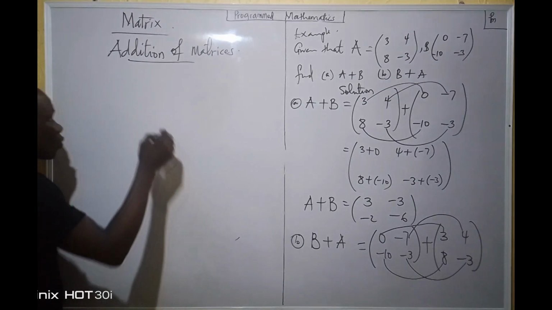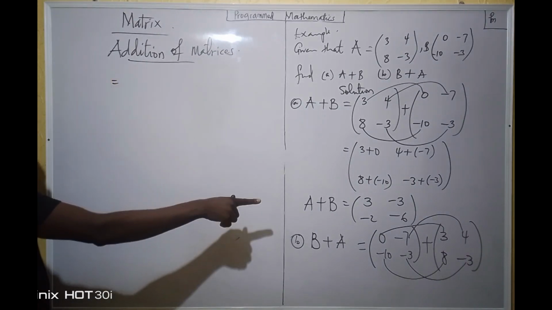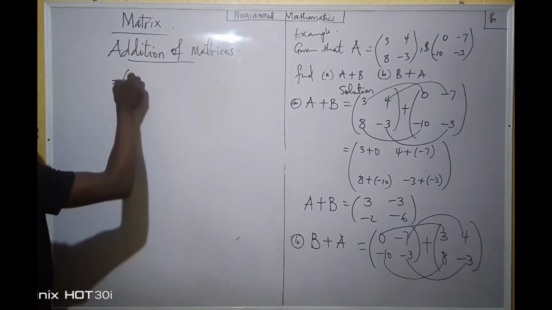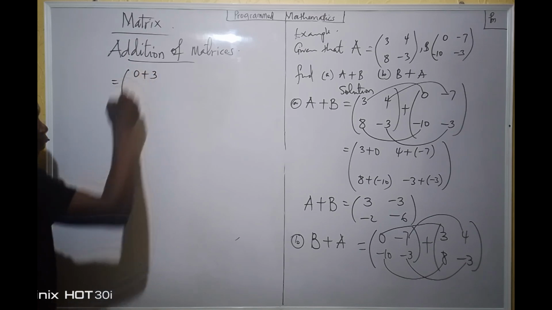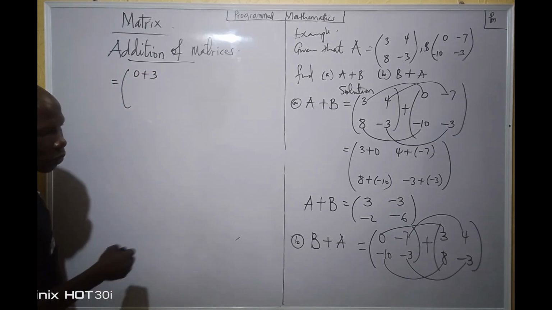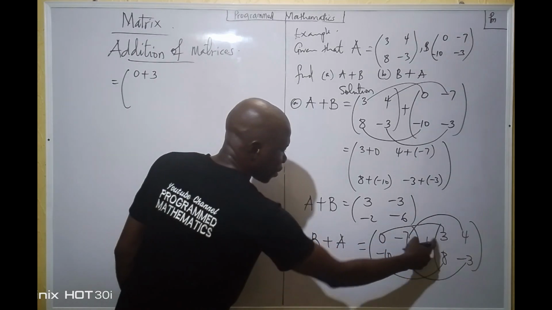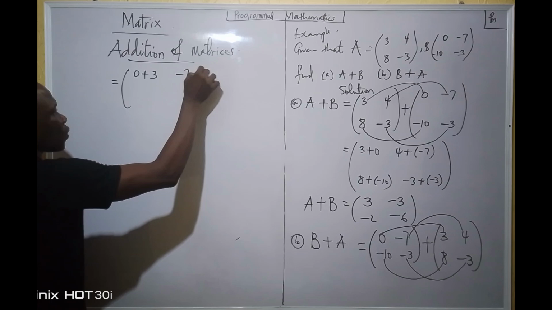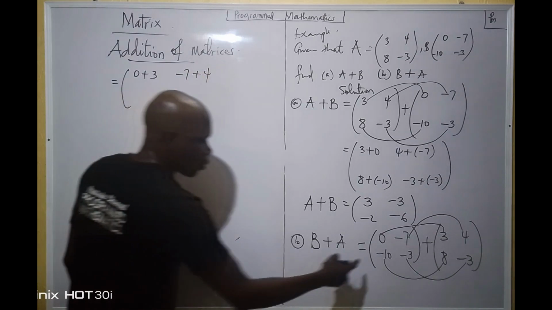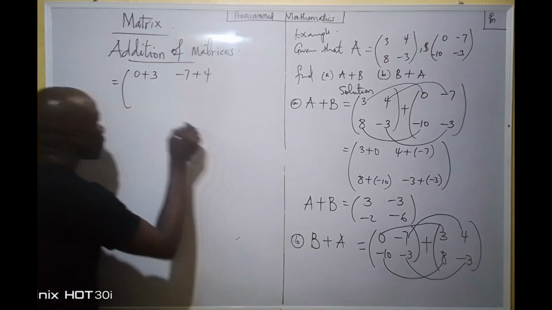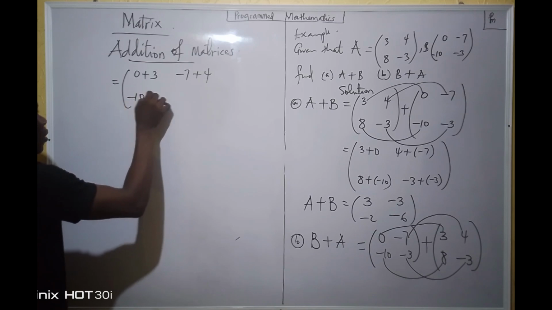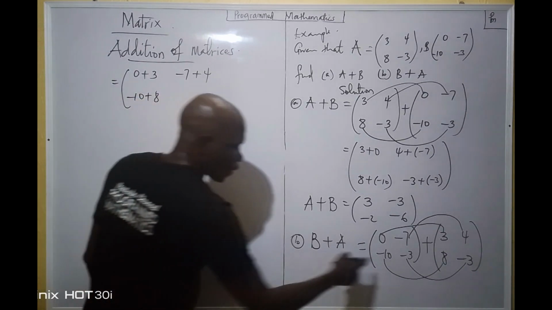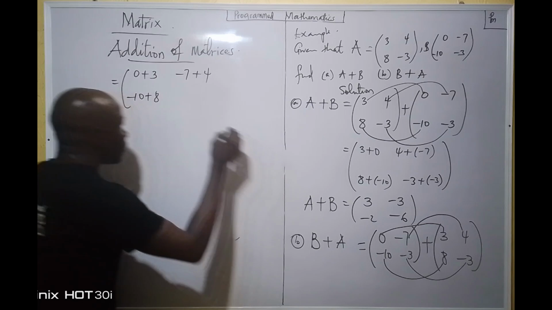So we are saying 0 plus 3, then minus 7 plus 4, then minus 10 plus 8, then minus 3 plus minus 3.